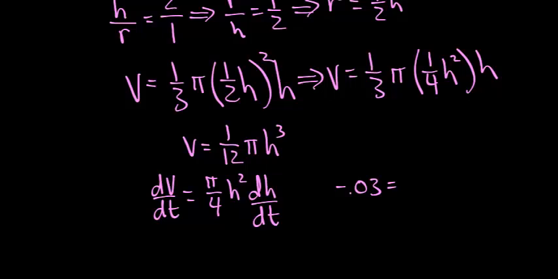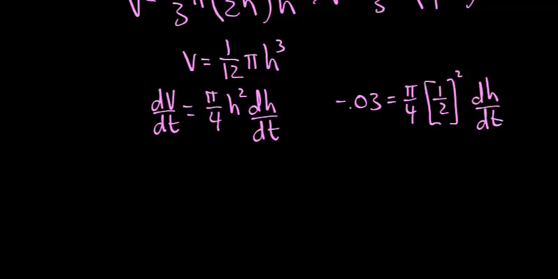We've got negative 0.03 equals pi over 4 times 1/2 squared. Now, that's not 1/2 t. I'm sorry, it's just 1/2, isn't it? Sorry about that. I don't know what I was thinking. Okay, so now let's see what we've got.